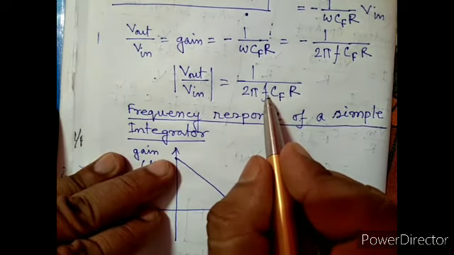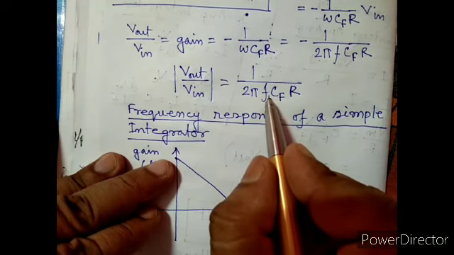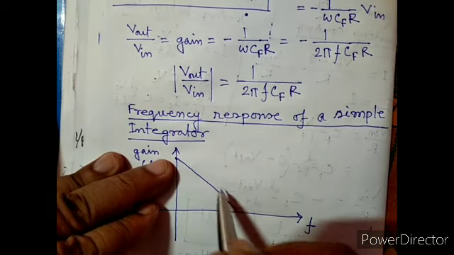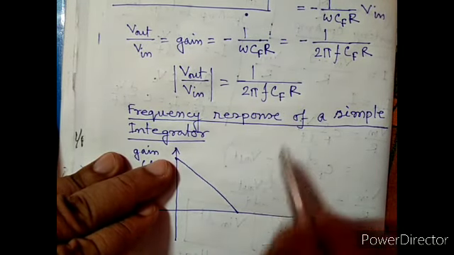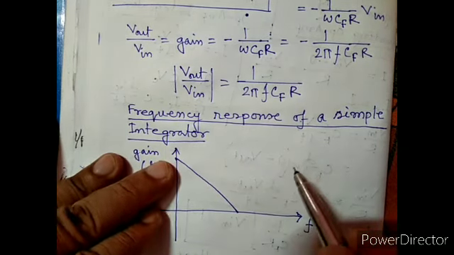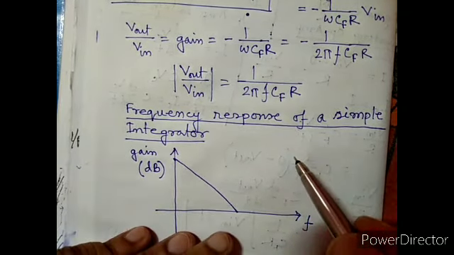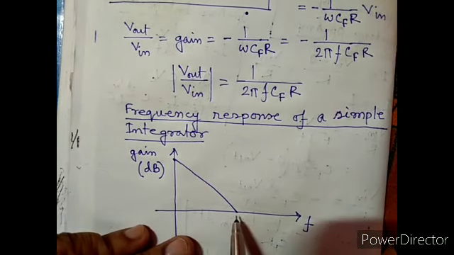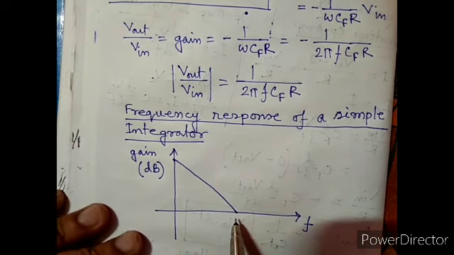When we increase the input signal frequency, the gain decreases, and at very high frequency the gain becomes very small, theoretically going to 0.